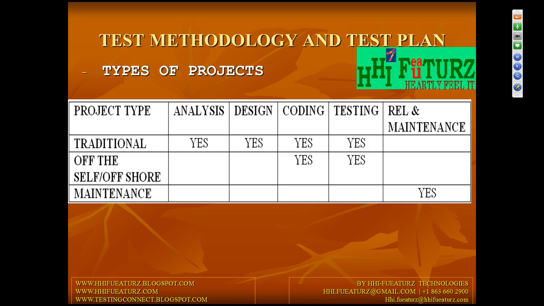But only 2% or 3% of projects are like this. 90% of the projects going on are onshore offshore projects, or multiple locations. Normally analysis and design happen in the US or developed countries, and development and testing happen in India or outside countries.